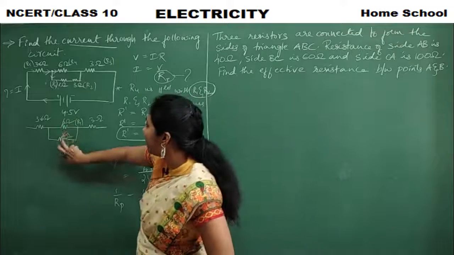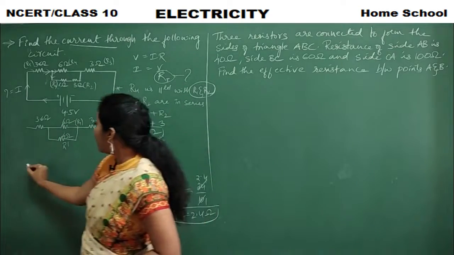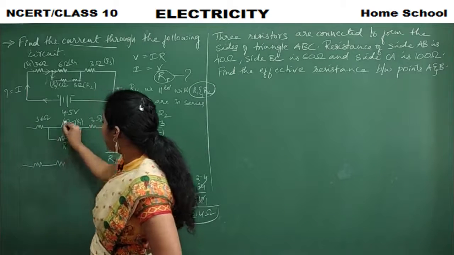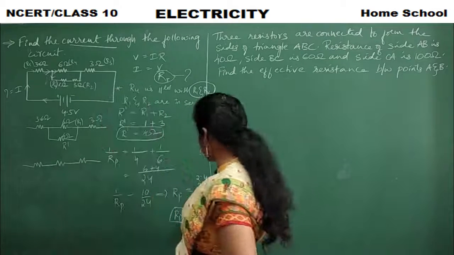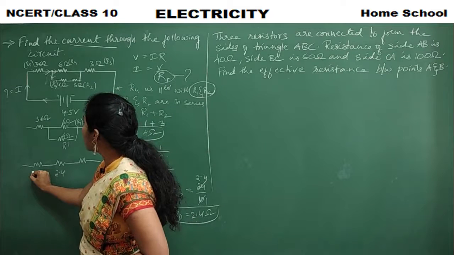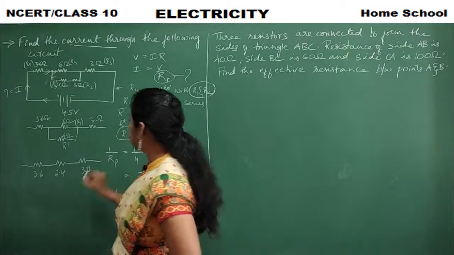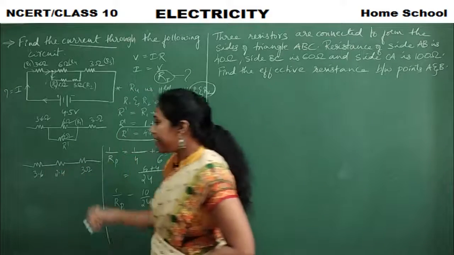Right? So now I combined this and this. I got how much, guys? 2.4. So now my new circuit is this. I combined this and this together. It has become 2.4. And this is how much, guys? 3.6. And this is 3 ohm. Okay. So now these guys are in series.